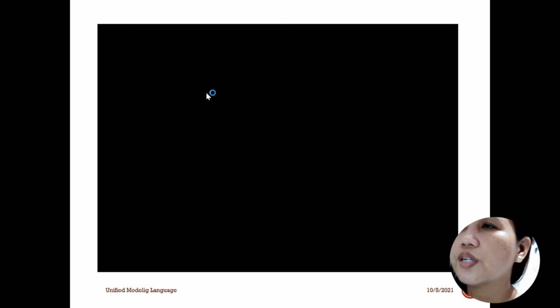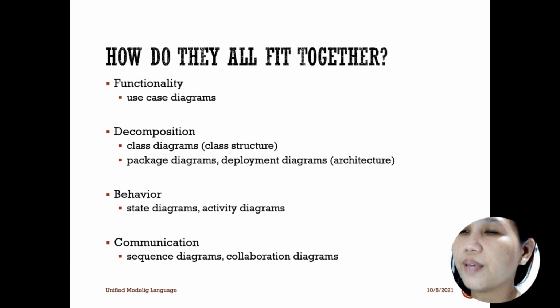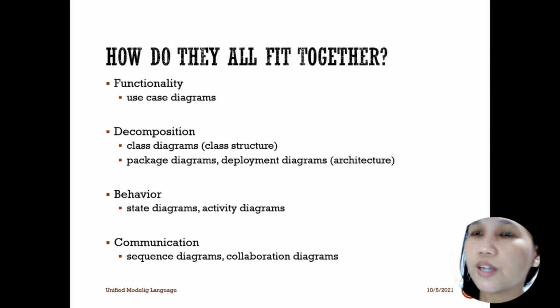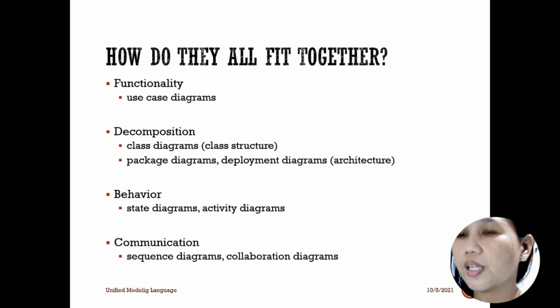So how do they all fit together? In terms of functionality, we can use the use case diagram. For decomposition, we are really talking about the class diagram, package diagram, and deployment diagram in terms of the architecture. But in our discussion, I only discussed the class diagram. If we are concentrating on the behavior, then we can use the state diagram and activity diagram.